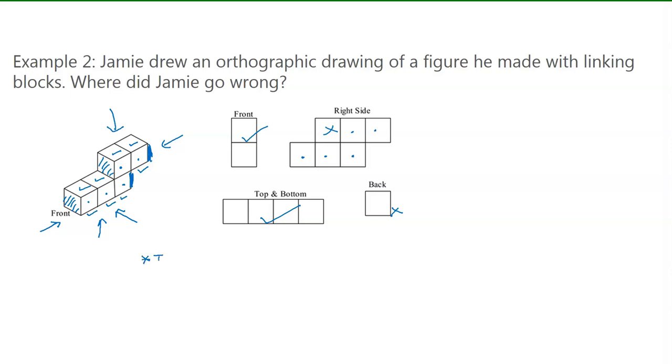We can say that the right side should have 3 blocks on bottom and 2 up top, looking something like this.